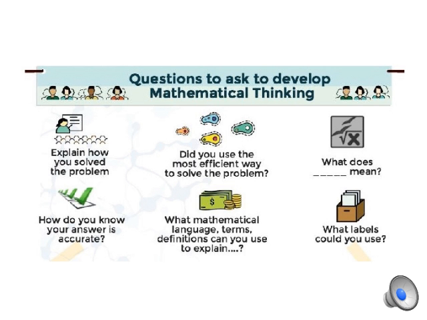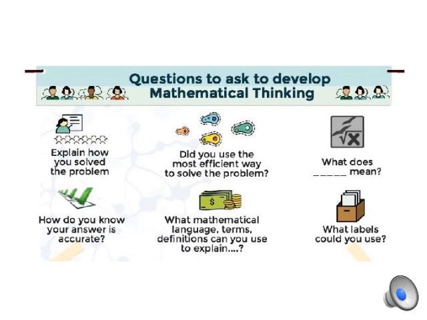Finally, in review, we teachers should ask students to explain how they solved the problem. Ask students if they think they used the most efficient way to solve the problem and why they think that. Ask students what different symbols and vocabulary words mean.